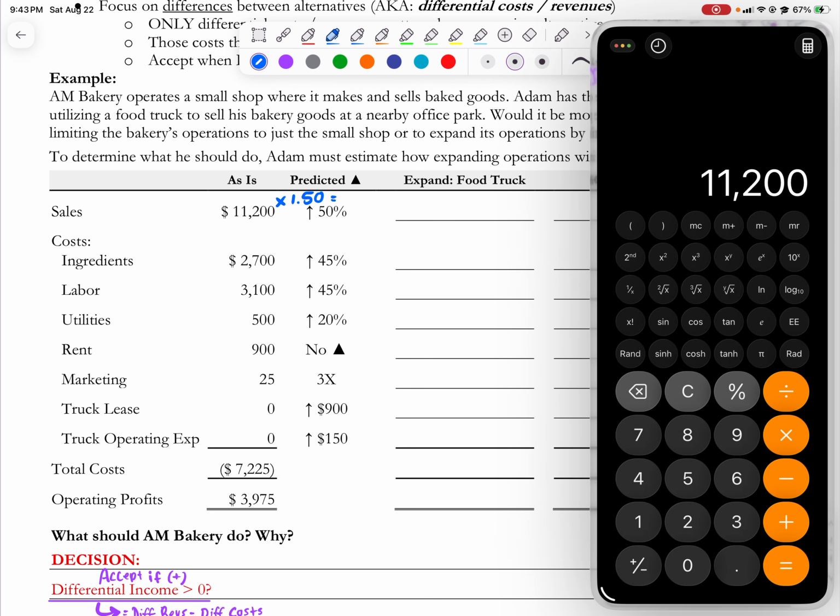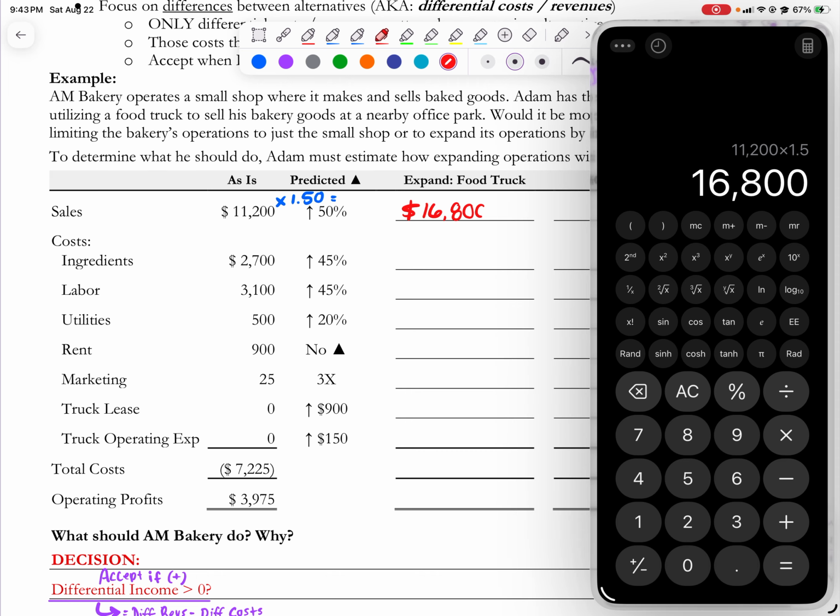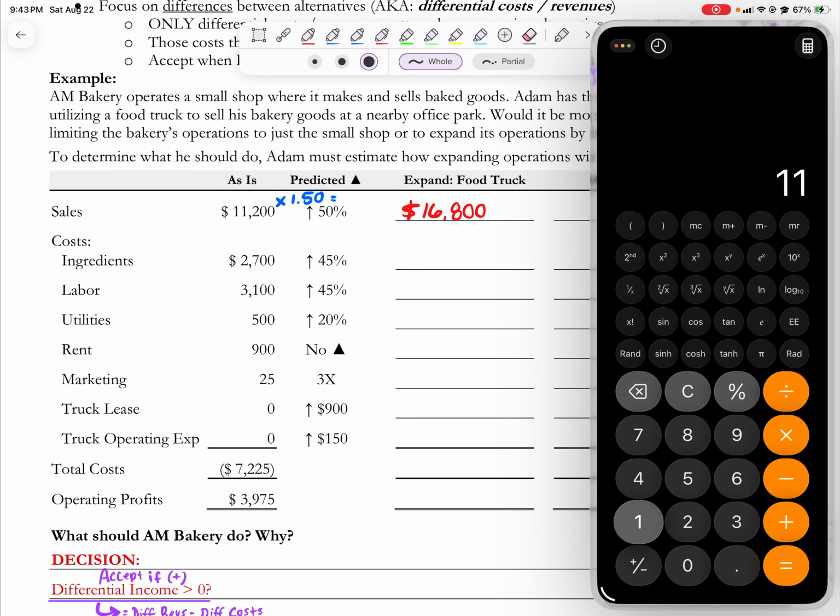So 11,200 times 1.5 is 16,800. Note that if you're wondering how I got that, they're going to increase 50%. You could have also done this by saying 11,200 times 0.5, so we're saying they would increase 5,600. So that's in addition to the 11,200, 16,800.